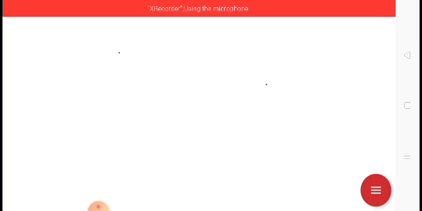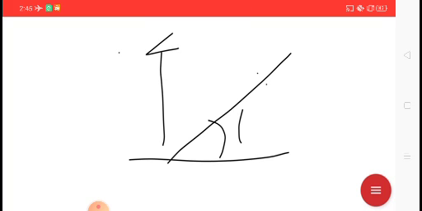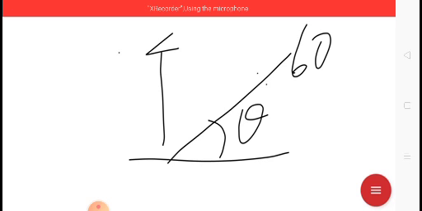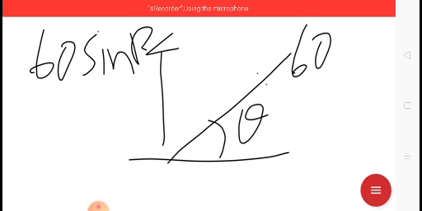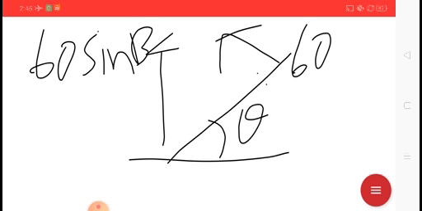Part A: state the vertical component of the velocity in terms of b. Theta is here, and the speed is 60. For the vertical component, the first mark will be 60 sin b, resolved to here.